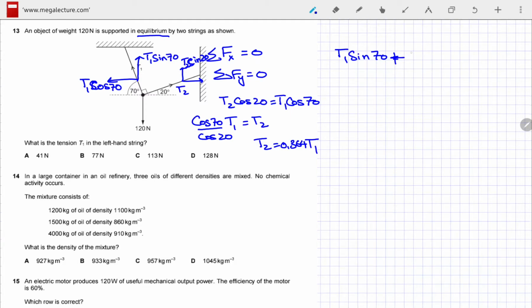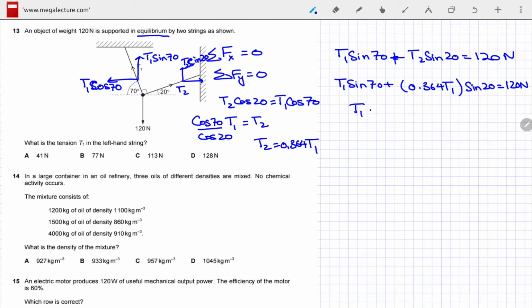So that's T1 sine 70 plus T2 sine 20 is equal to 120 newtons. What is T2 in terms of T1? It is 0.364 T1, and I have sine 20, and this is equal to 120 newtons. So just factor T1 out and solve the rest using a calculator, and you would get 113 newtons for T1. So the correct option is option number C.